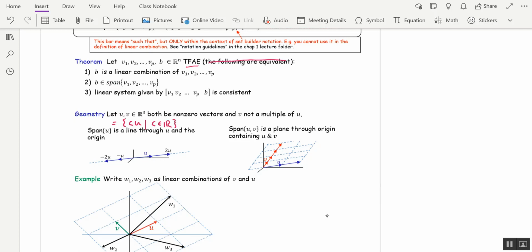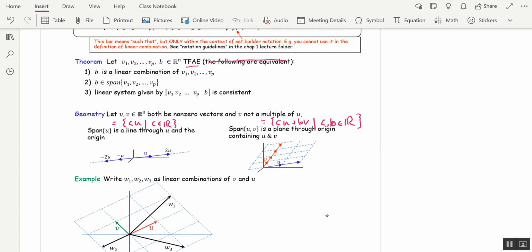That's going to form the line going through the origin in u. As long as u is not a multiple of v, if you look at the span of u, v, that's the set of all linear combinations of u and v. So this is going to be the set of all cu plus bv such that c and b are contained in R. That's going to form the plane going through the origin and through u and v.